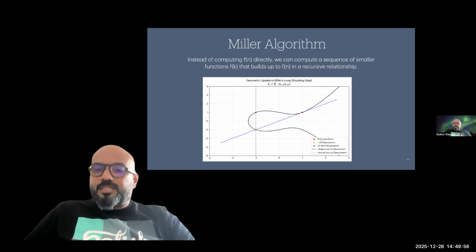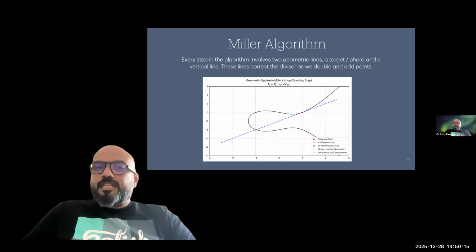That relation is constructed using a smaller function f_k together with a tangent line function and a vertical line function. So every step in this algorithm involves two geometric lines, a tangent or a chord, and a vertical line. As you see in this diagram, you can see a tangent to the elliptic curve and a vertical line. These lines correct the divisor as we double and add points. Pretty ingenious and intuitive technique.